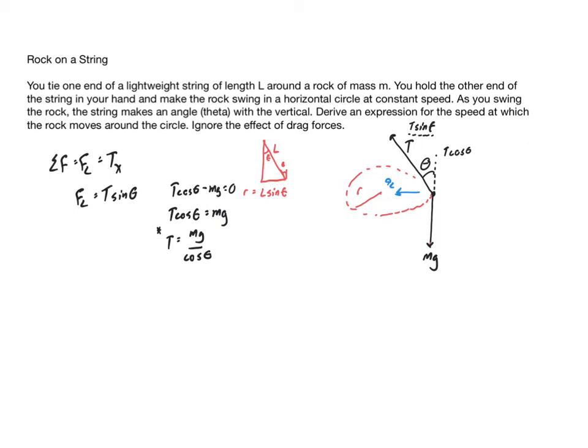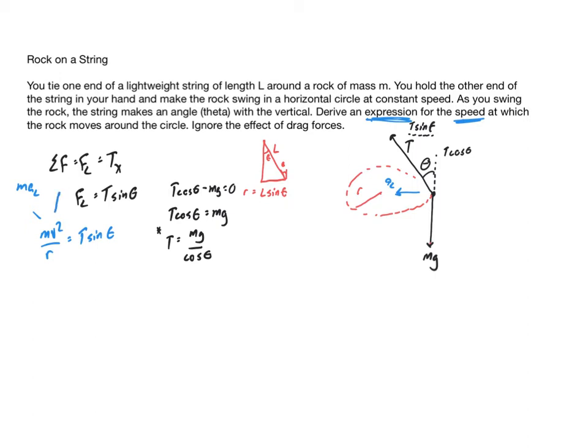And if I know anything about centripetal force now, it is mv squared over r, right? That is m times centripetal acceleration. Centripetal acceleration is v squared over r. So I have mv squared over r equals T sine theta. And once again, we're actually looking for an expression for the speed which it goes across.